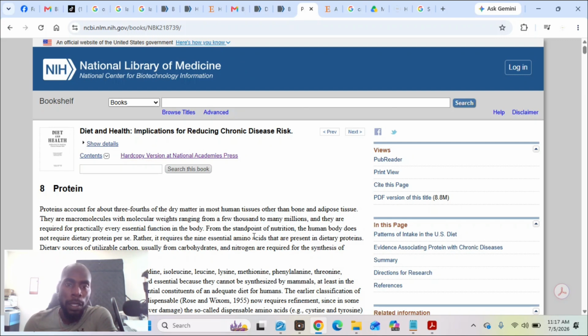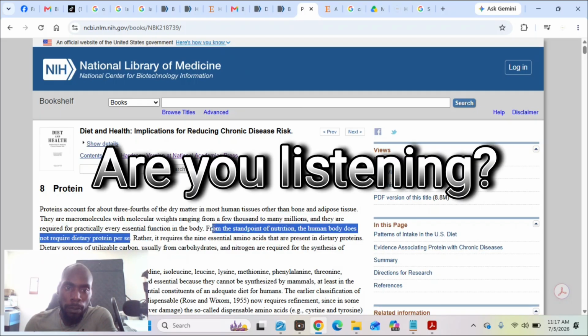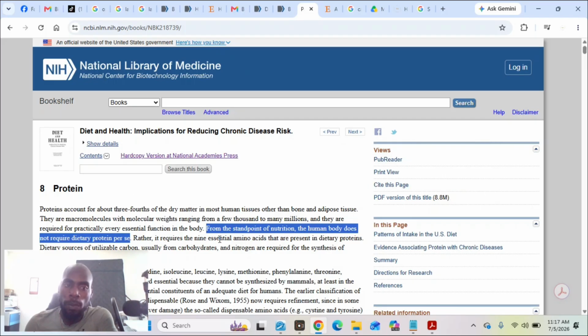From the standpoint of nutrition, the human body does not require dietary protein per se. I'm going to read this again. From the standpoint of nutrition, the human body does not require dietary protein per se.